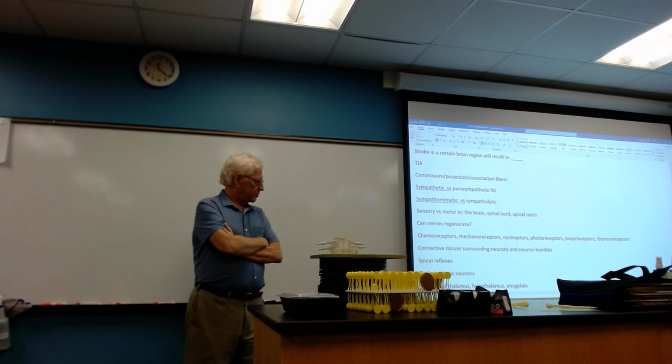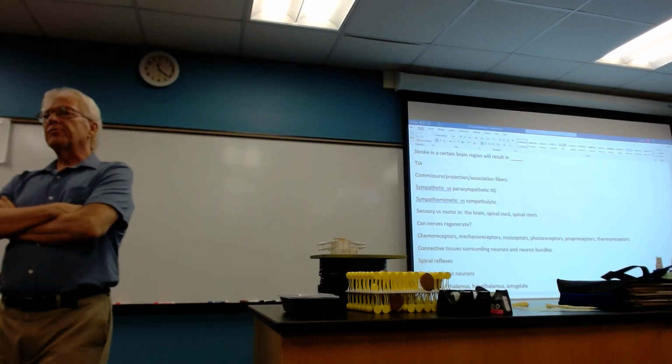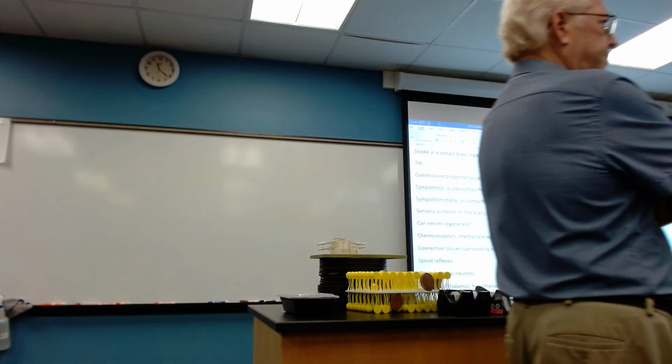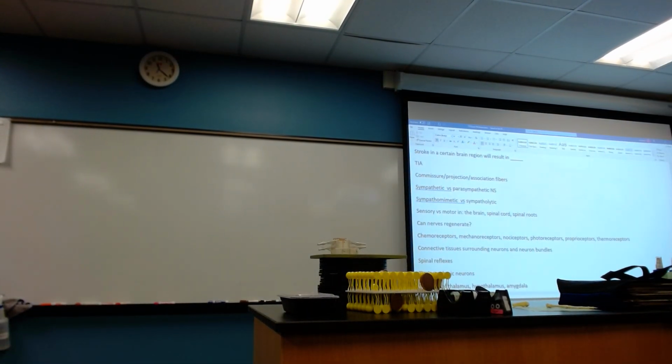Tonic and phasic are nerves, but nothing to do with muscles. Literally nothing to do with muscles. They're sensory. So one does adapt and one doesn't adapt. What does adapt mean?